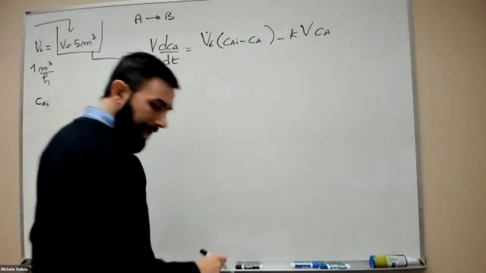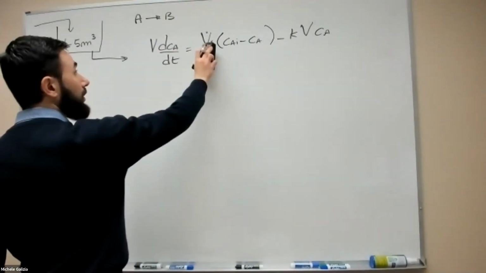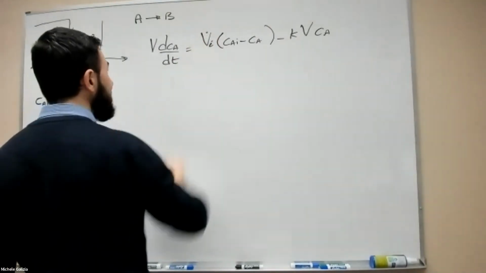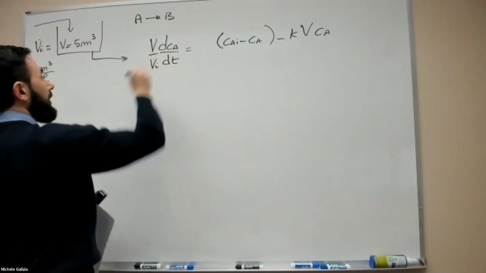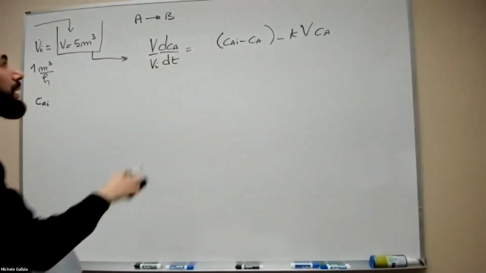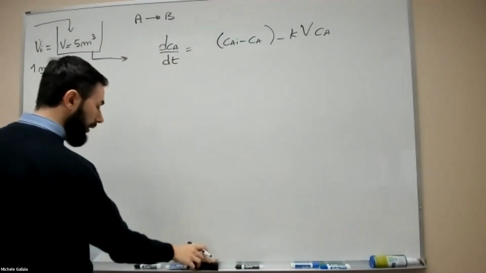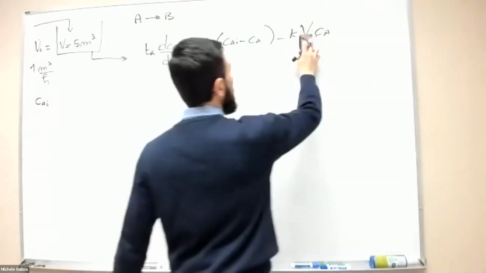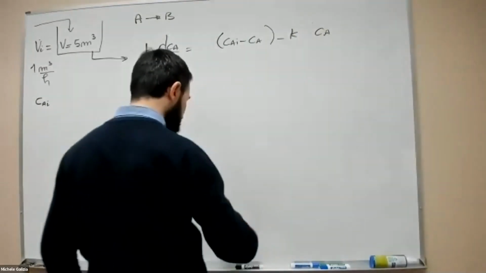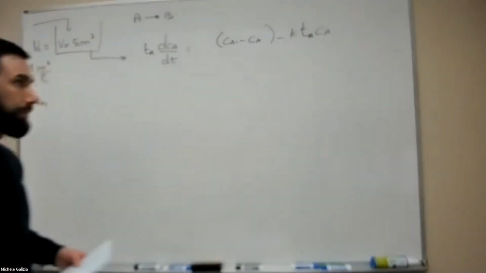So now we can get rid of VI dot. We can divide everything by VI dot. V divided by VI dot will be a characteristic time that we call TR, and here also this V will disappear to give rise to TR.